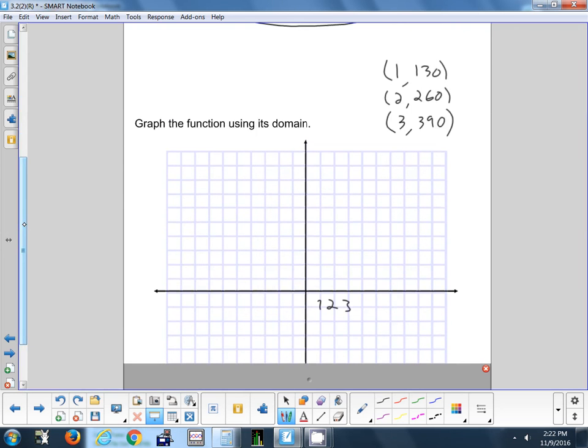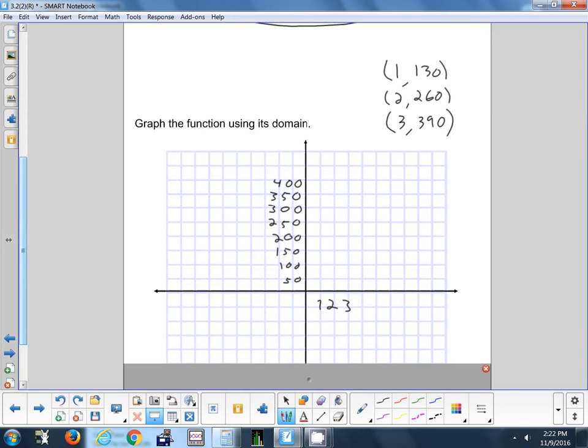But what should I go by on the y's? Yeah, let's go by 50s. So 50, 100, 150, 200, 250, 300, 350, 400. Perfect. These need to be bigger. Can't fit it? It's a small grid. Well, you could just write off to the side the y-axis goes by 50s if you can't squeeze each number in. And then copy exactly what I'm doing.